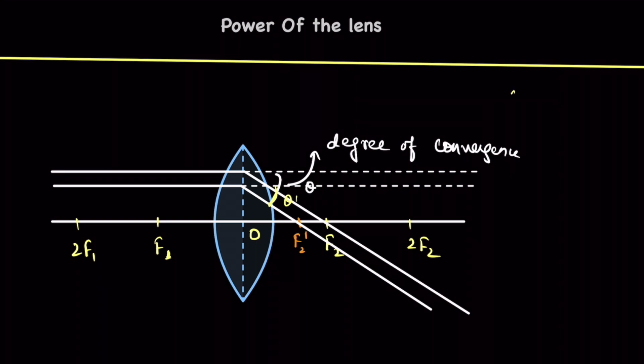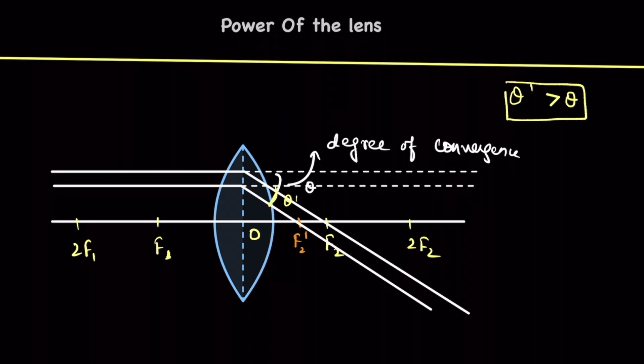So here theta dash is greater than theta. It means that when you take the focus as f2 and when you take the focus as f2 dash, f2 dash will converge more than f2. Why? Because the focus is moving towards the optical center. The more it goes towards the optical center, the more it will converge.